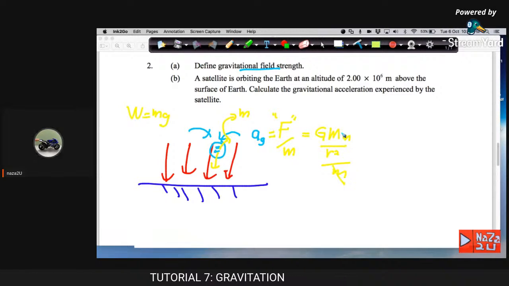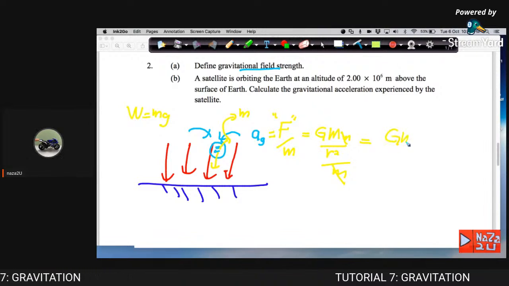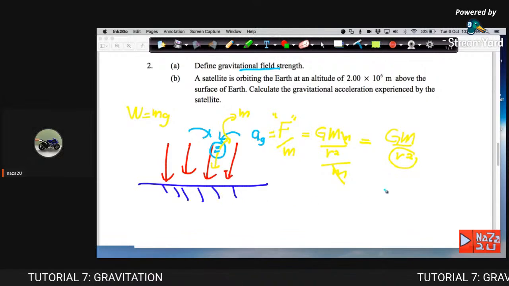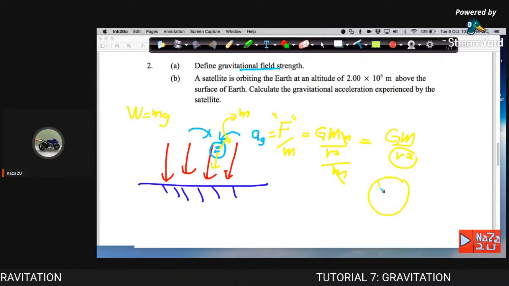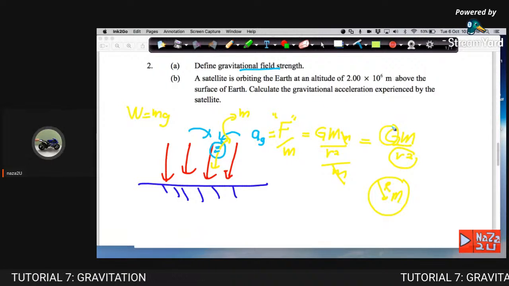So kita boleh cancel m. So Ag is also GM over r square. So r kat sini kita ambil sebagai kalau kita ada bumi, this is a radius of the earth, mass of the earth and G is constant.